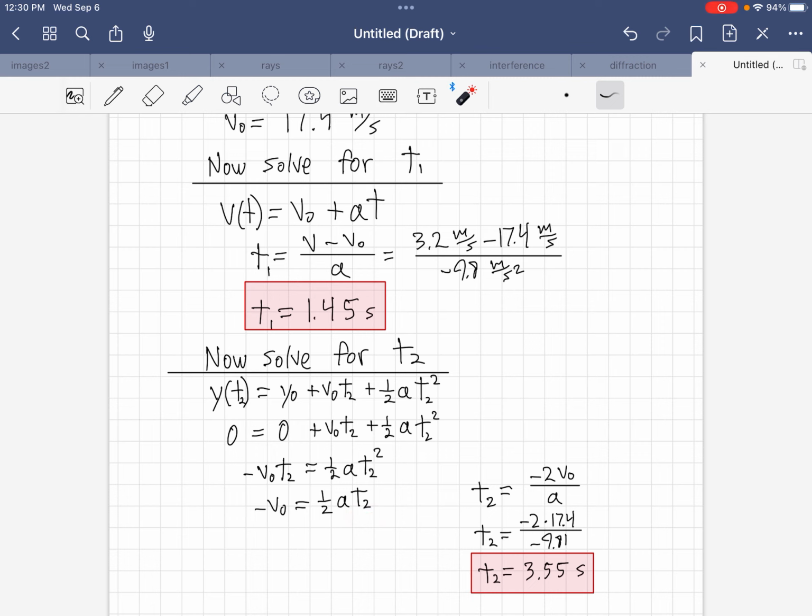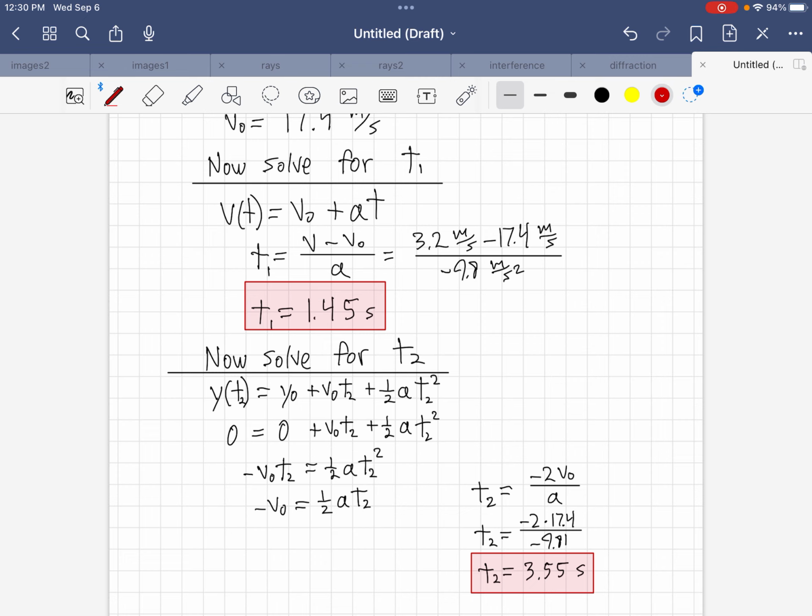And then we can go ahead and solve for t. Multiply by 2 and divide by acceleration. So t2 is going to equal negative 2 times the initial velocity divided by the acceleration. So that's going to end up being 3.55 seconds.